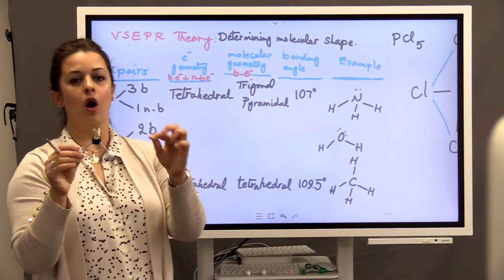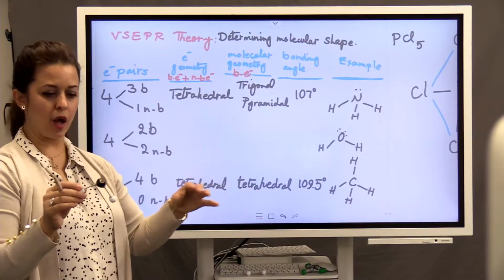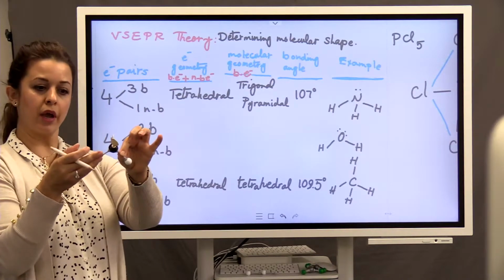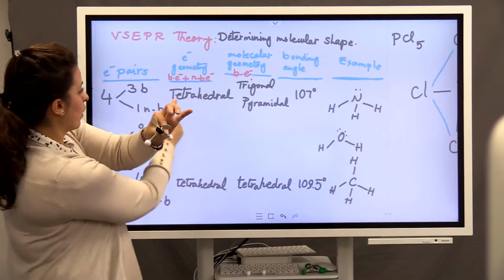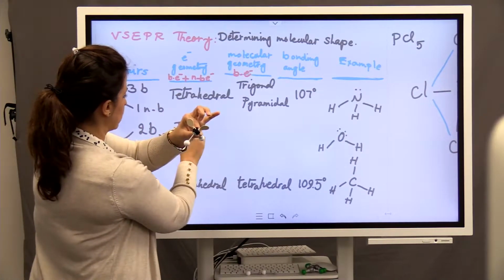So, electron geometry, both bonding and non-bonding. So you still see a total of 4 groups, right? 2 bonding, 2 non-bonding. So you still have 4. Your electron geometry is still tetrahedral. It doesn't change.